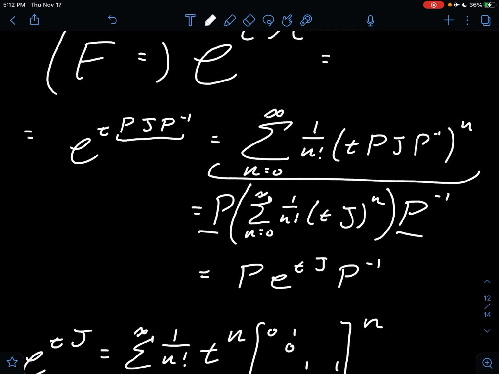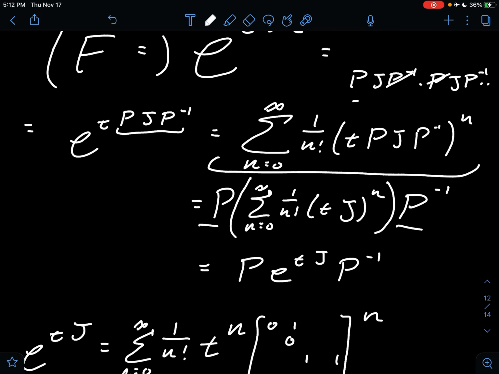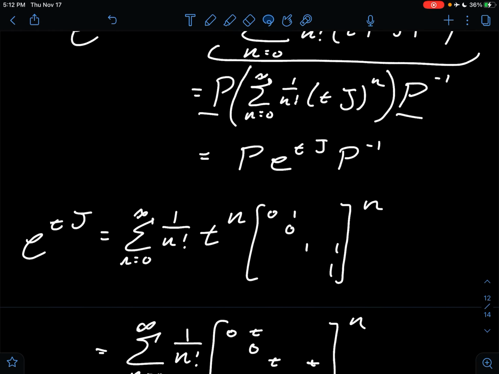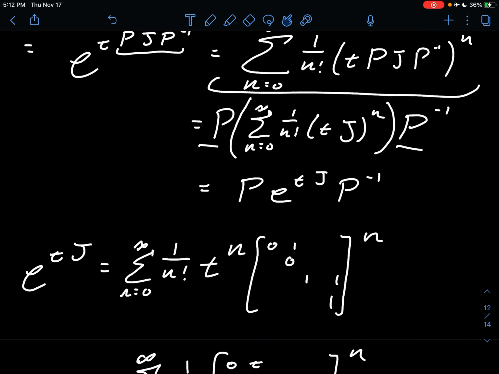From this series, we can take out a P and a P inverse from both sides of every single term. Because just recall that P times J P inverse, dot dot dot. These all cancel. So this is P J to whatever power, blah blah blah. Just to go over that, make sure we're all on the same page. So that's equal to this guy.